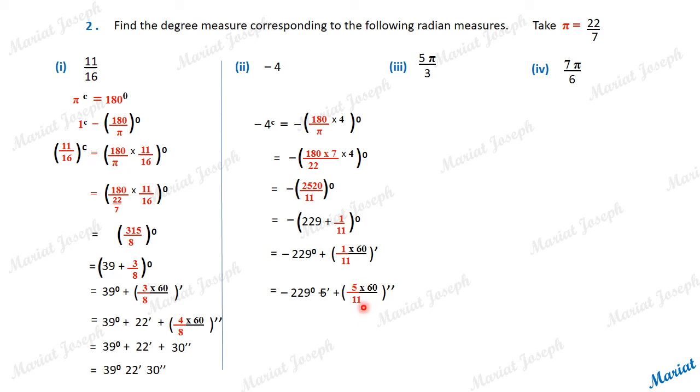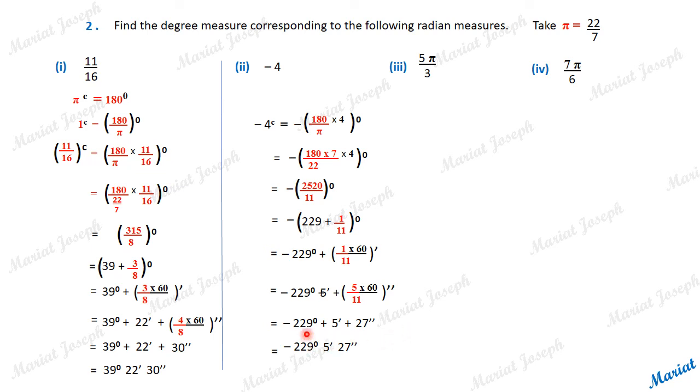Again, 60 upon 11 also you divide and separate it into integer and the remaining part. 60 upon 11, 5 times 11, 55, and there is again 5 left. So the fraction part will be 5 upon 11. And that 5 upon 11 is a fraction of a minute. To convert into seconds, multiply by 60. That is 6 5s are 30, so 300 in the numerator upon 11. 300 upon 11 seconds. Do the division. 27 seconds and there is little further balance. That part we will ignore.